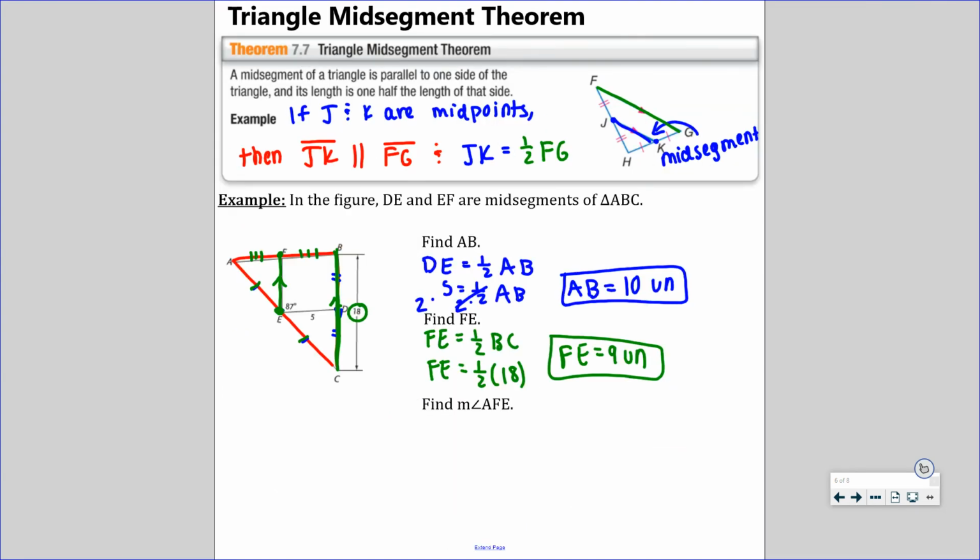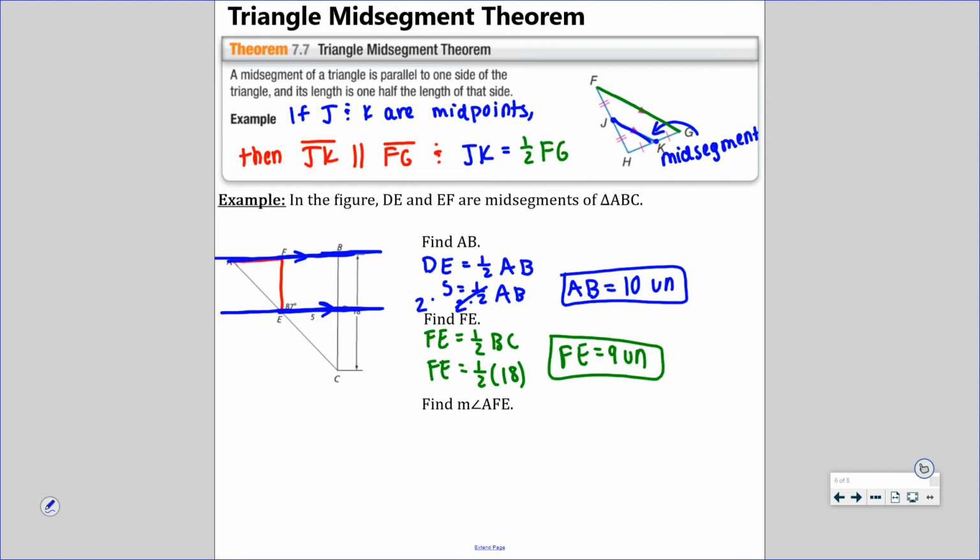Okay, this is a fun little add-on question that doesn't really have anything to do with the triangle mid-segment. It's just more what we know about parallel lines. This is find the measure of angle AFE. Okay. Let me put back those parallel lines. We know these lines are parallel because ED's a mid-segment. So sometimes it helps too to extend the parallel lines.